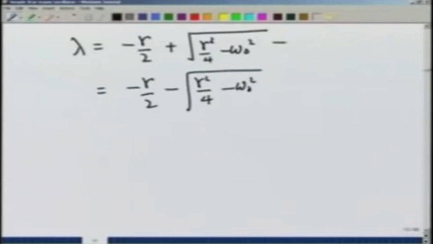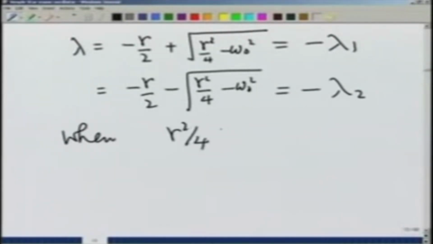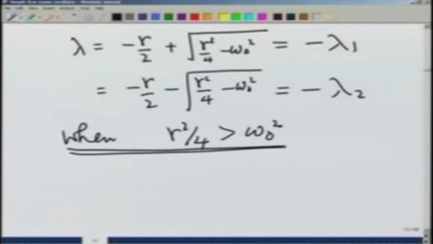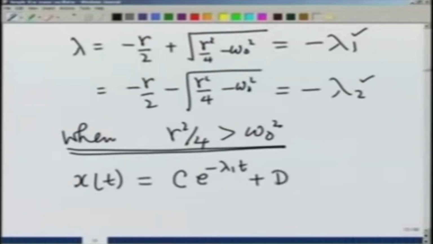Let me call this minus lambda 1, let me call this minus lambda 2, so that the solution in the case when gamma square over 4 is greater than omega 0 square, and this is important, now I am going to focus on this. When this is so, lambda 1 and lambda 2 are real, and the general solution x of t is going to be of the form c e raised to minus lambda 1 t plus d e raised to minus lambda 2 t.